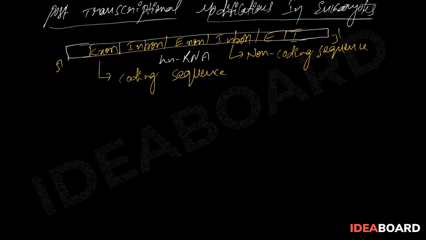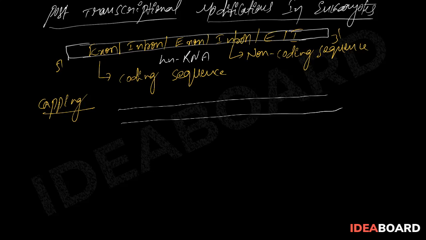First one is capping. When it comes to capping, 7-methylguanosine is added at the 5' region.